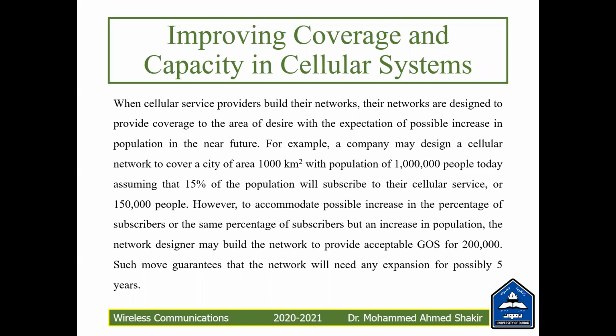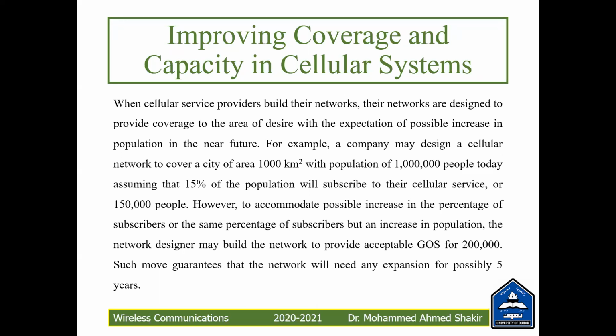pre-installed system. For example, a company may design a cellular network to cover a city of area 1,000 kilometers squared with a population of 1 million people today, assuming that 15% of the population will subscribe to their cellular service, or 150,000 people.